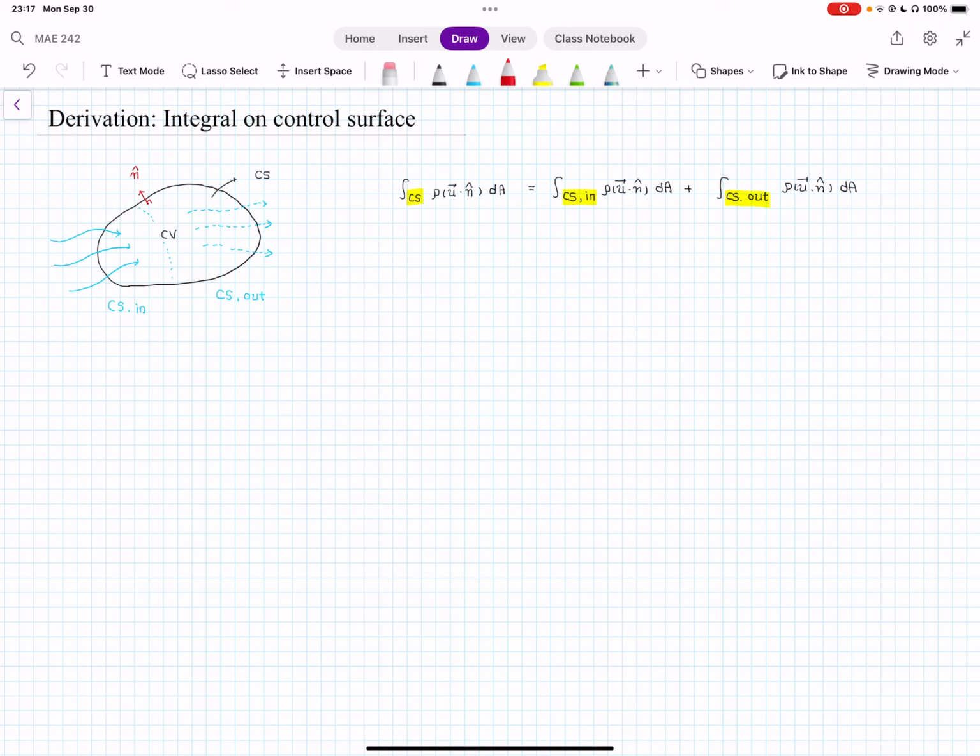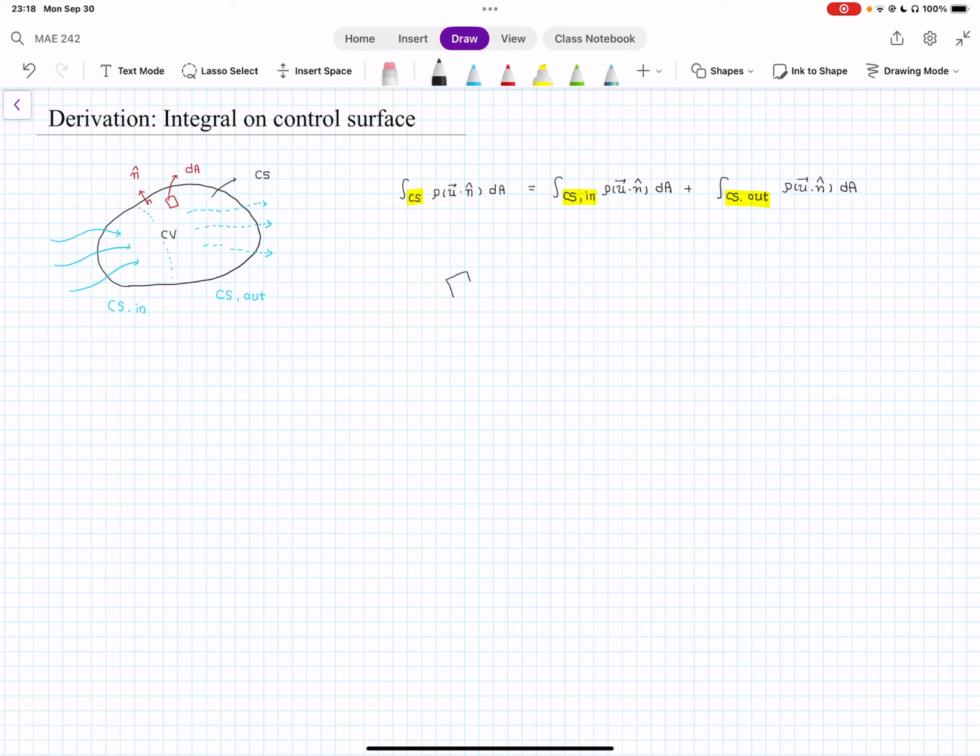The way we do the integration, in case the variables are not uniform, is you need to think about this infinitesimally small area element. Here I'm going to call this area dA, and I'm going to draw it here.